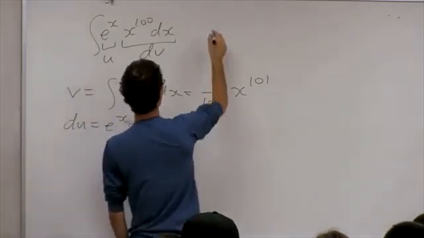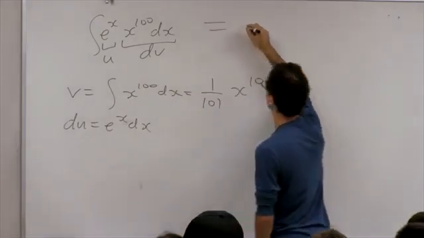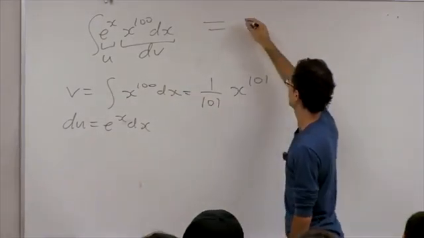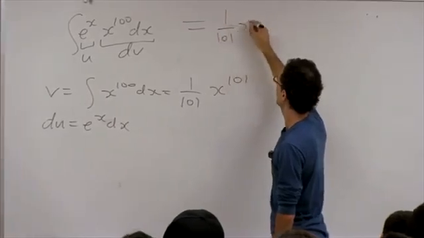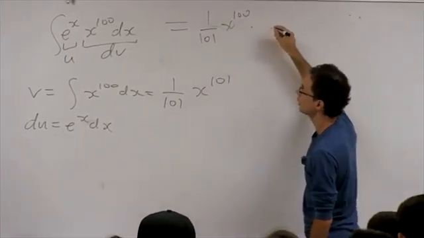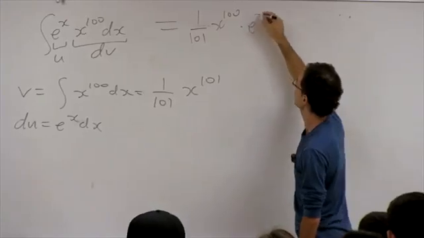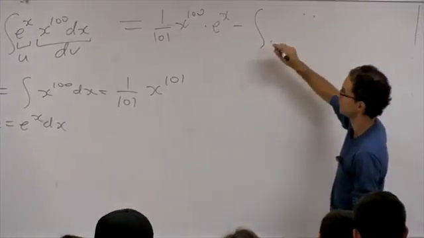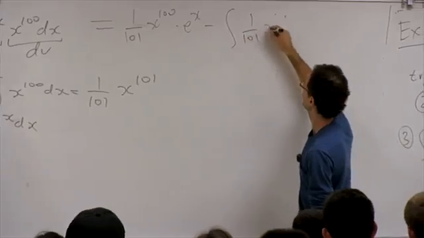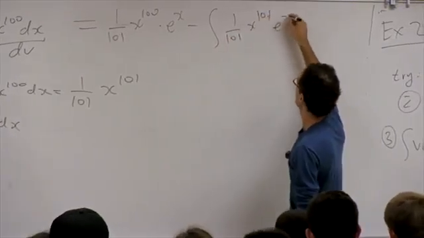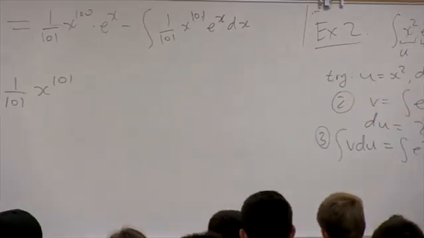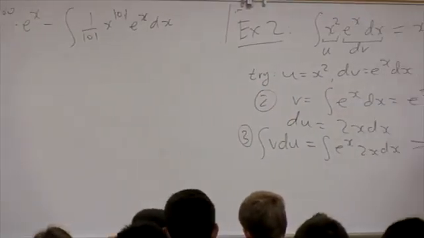So if you do this integration by parts, you're left with some junk to begin with. The junk is 1 over 101 x to the 101 times e to the x, minus the integral of 1 over 101 x to the 101 e to the x dx. And this is even worse than before.